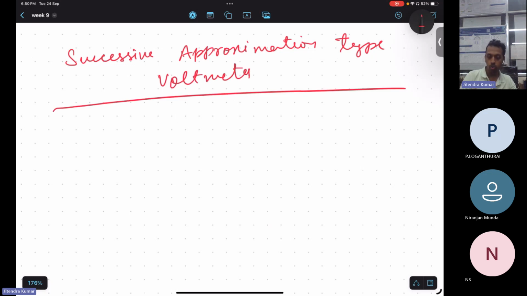So what does it do? In the conventional voltmeter, after every resolution step we verify whether it is matching, like 1, 2, 3, up to 2 raised to power n minus 1. Here, in the successive approximation voltmeter, we do binary search.